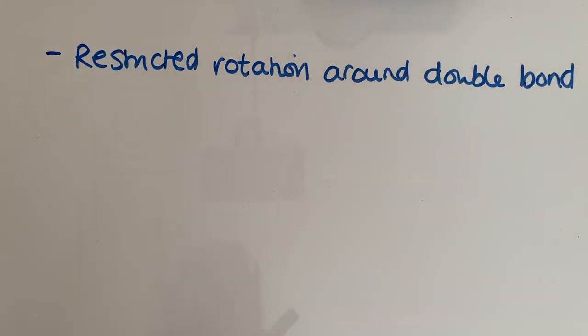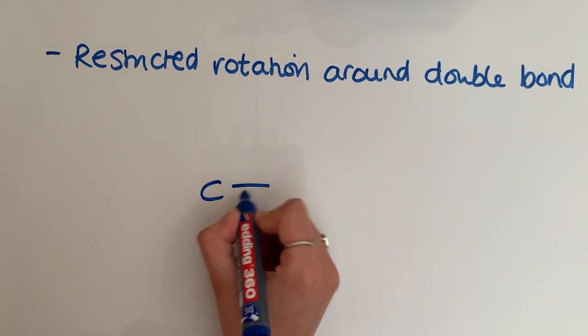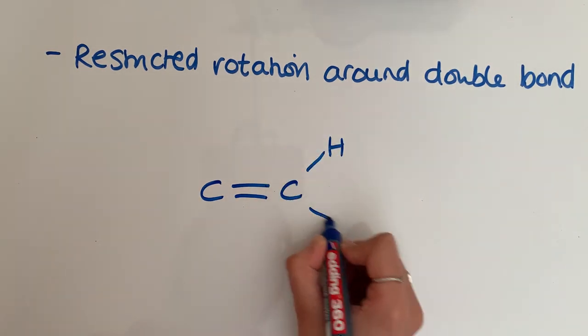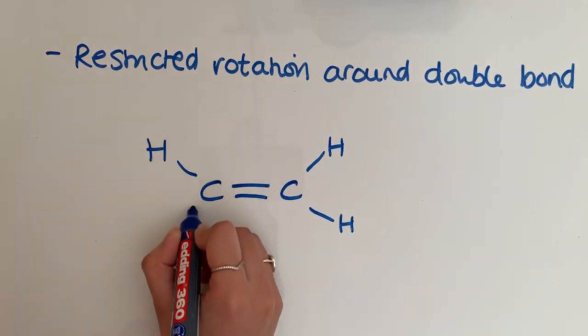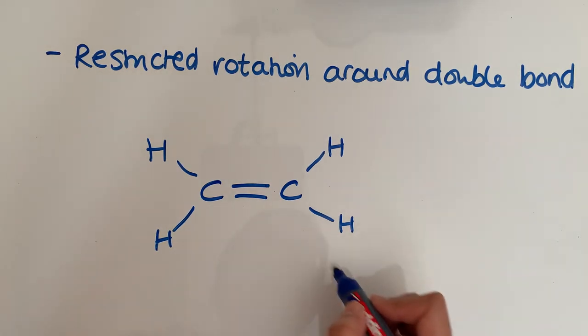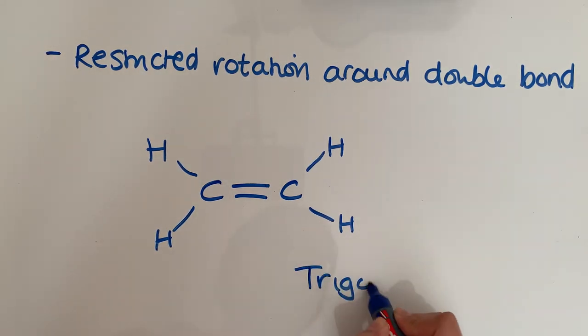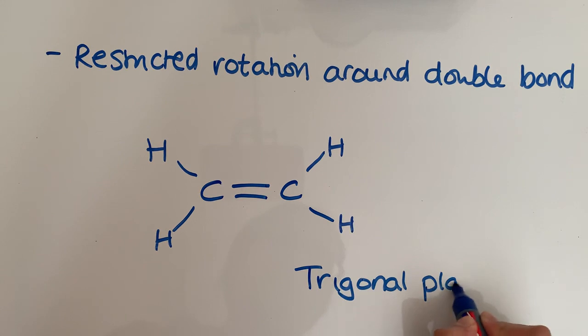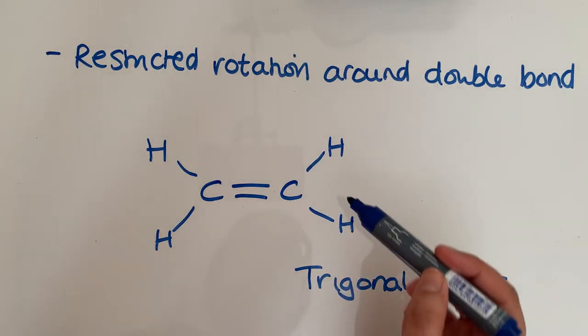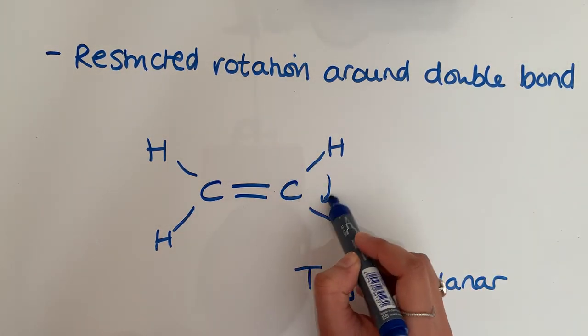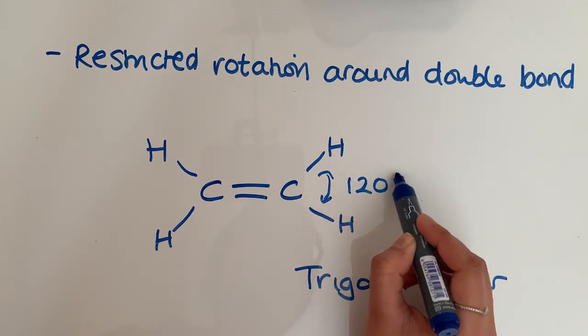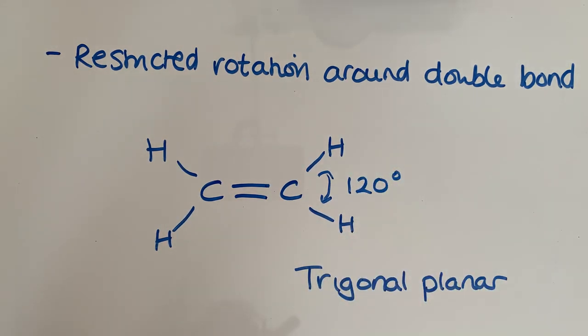So in any double bond, the carbons in that have a trigonal planar shape. And between each of these bonds, there's a bond angle of 120 degrees. That applies to any double bond involving carbons. We have a trigonal planar shape, and the bond angle is 120.